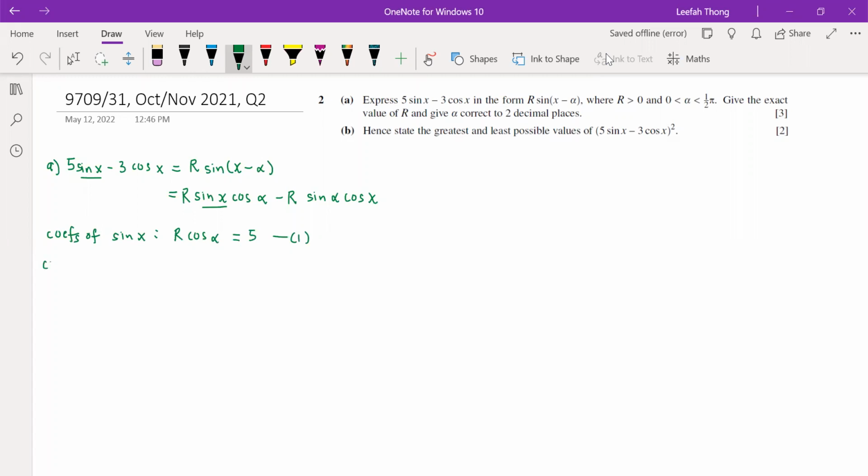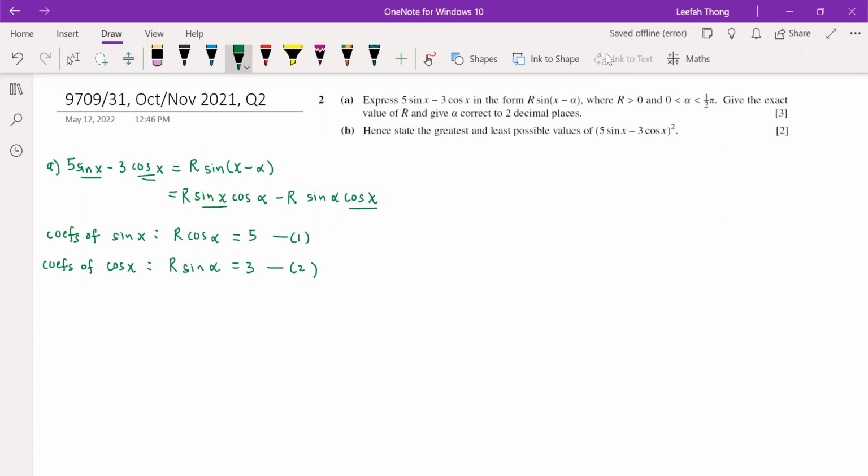Equating the coefficients of cos x, we have negative r sine alpha equals negative 3. So we can just cancel off the negative, and r sine alpha is 3. That is equation number 2.